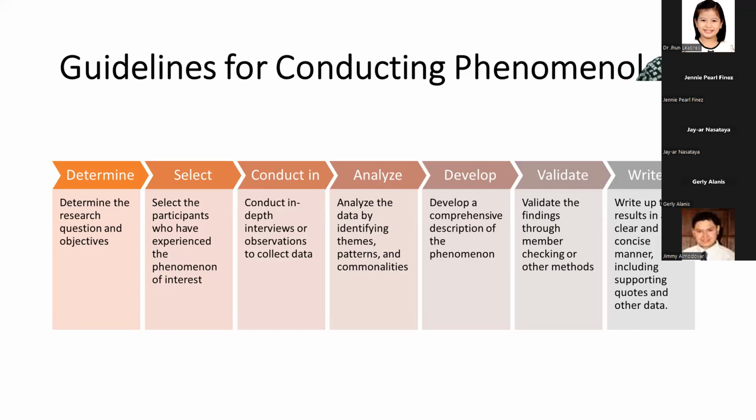Before, for the first Pheno paper I did, what I did was use yellow pad paper, the legal size. And then I just wrote there participant 1, 2, 3, 4, 5. And then I listed down everything that they said.